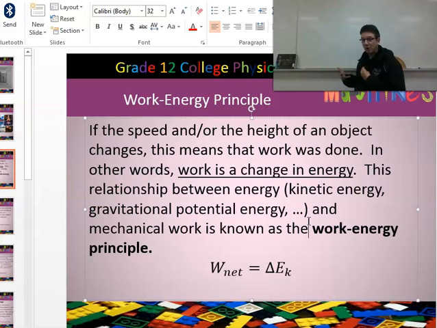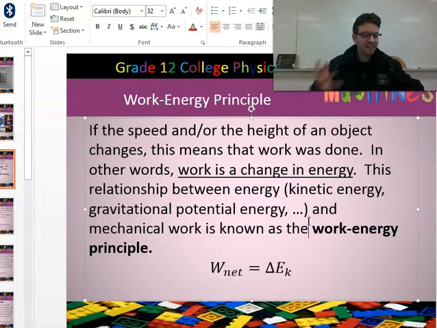A net positive work increases kinetic energy. But once I stop pushing, the only force acting on it, horizontally anyways, was friction. So the only work being done on it was negative, and it came to a stop. So a net negative work removes kinetic energy from whatever system we're talking about here.